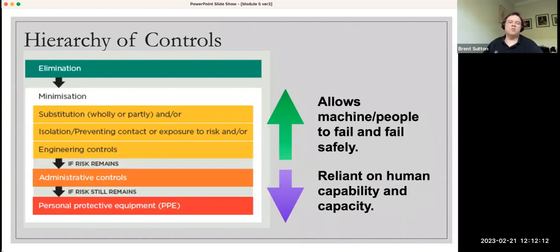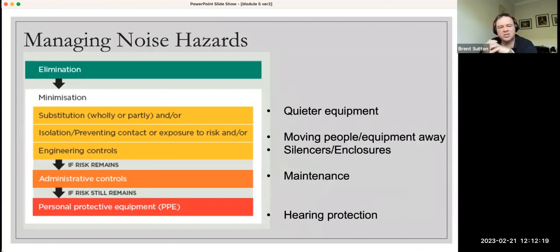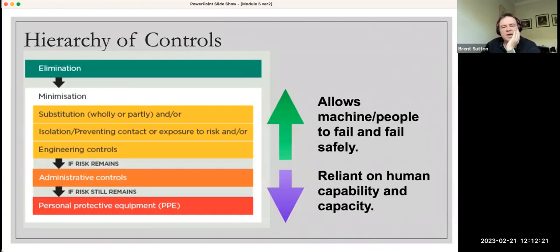And if I was to explore that in a different lens, by applying those higher order controls around substitution, isolation, and engineering, we're allowing both the machine or the person to fail, but for that failure to happen safely. Where we are relying on those administrative controls and that PPE, we are really reliant on the human capability and the human capacity.